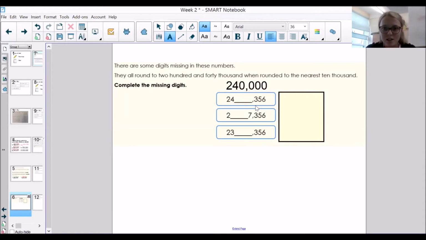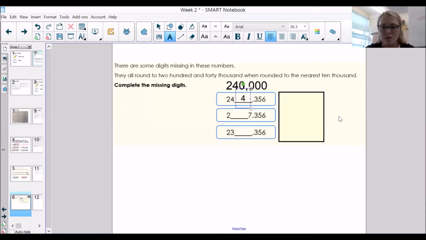So this digit would have to be 4 or less: it could be 0, 1, 2, 3, or 4. I'm going to put a 4 in there, just so it's full, but it could have been any of those possibilities.